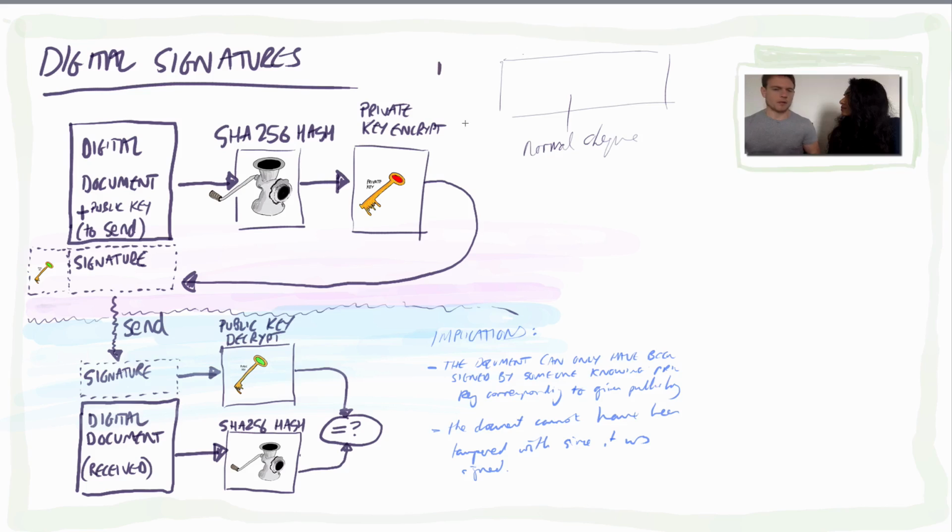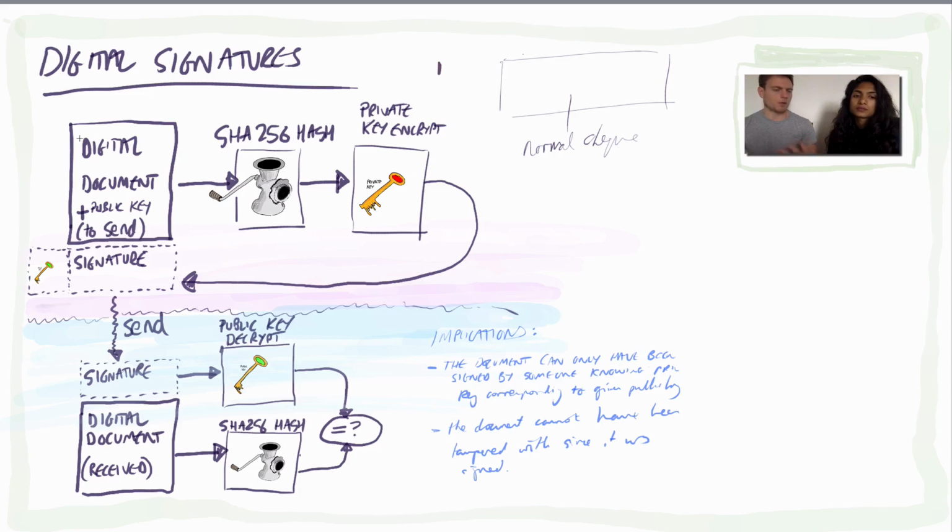Effectively, you cannot encrypt a larger amount of data than the size of your key files themselves. So what you do is take a hash of the document, because this document could be huge. It could be a movie.